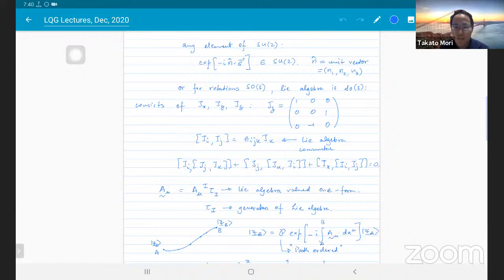So what is the corresponding Lie group? Well, if you have gamma matrices, then I think you're working with SL(2,C), right? Or SO(3,1), the Lorentz group.